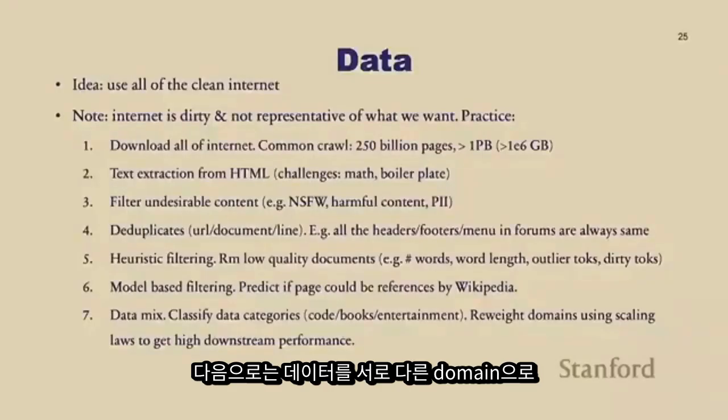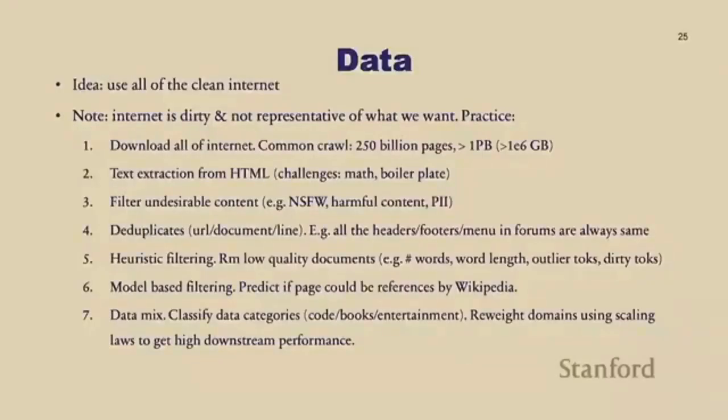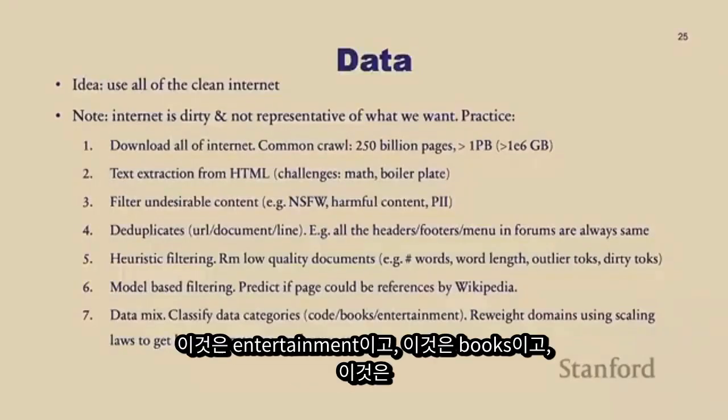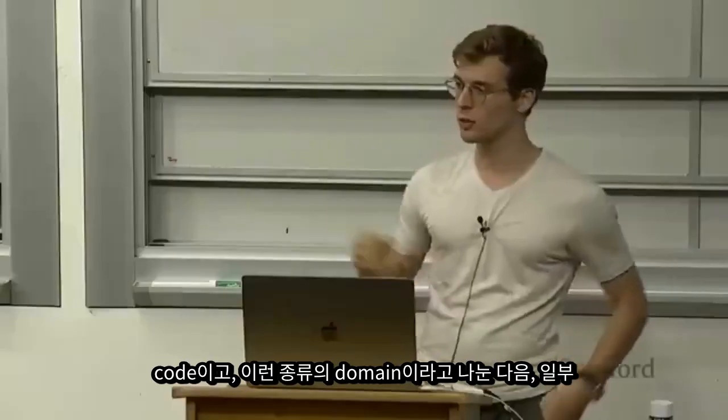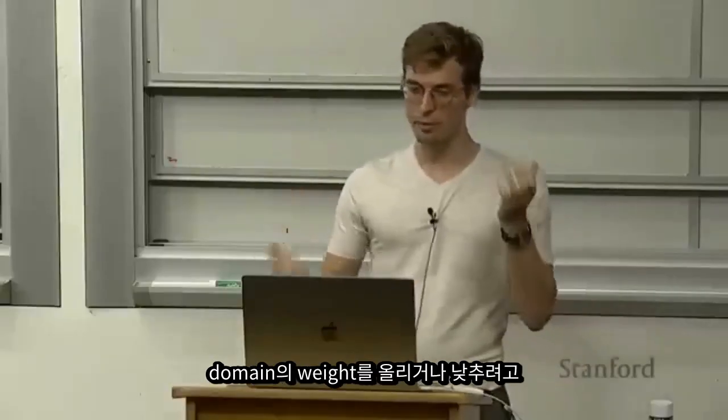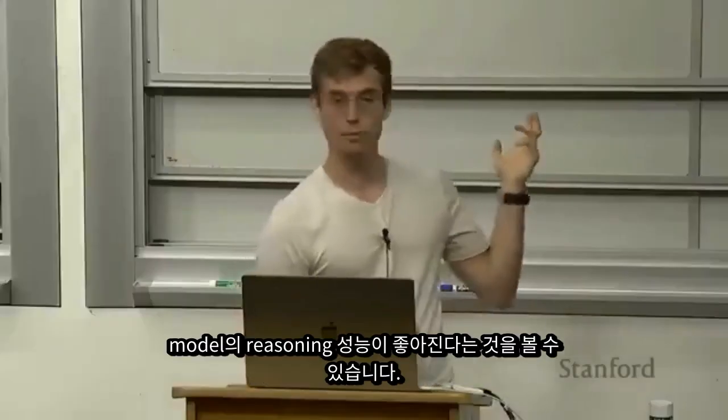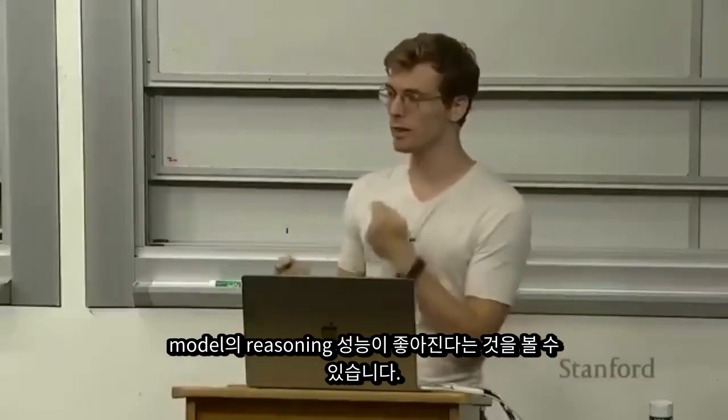Next one, you will try to classify your data into different domains. You will say, okay, this is entertainment, this is books, this is code, these types of domains. And then you will try to either upweight or downweight some of the domains. For example, you might see that if you train more on code, your model becomes better on reasoning.